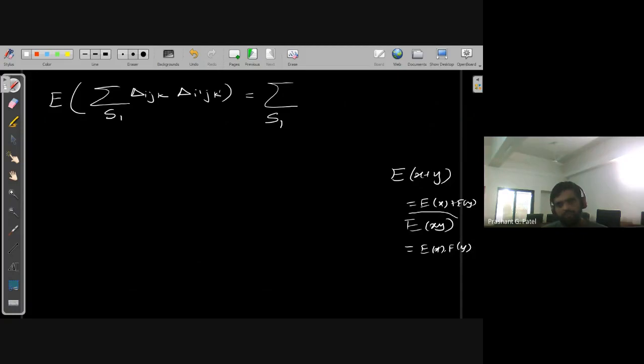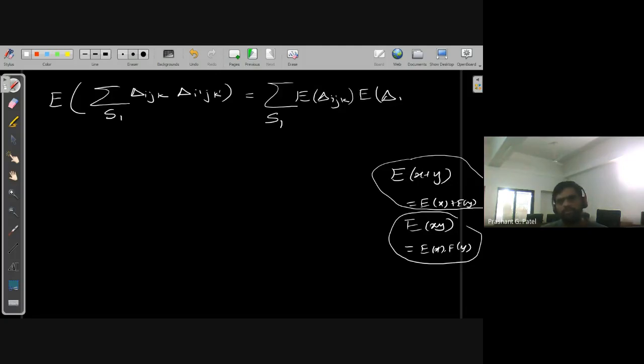In that we need the independence, in this we don't require the independence. So using this, we'll write this is expectation of delta ijk into expectation of delta I dash j dash k dash.